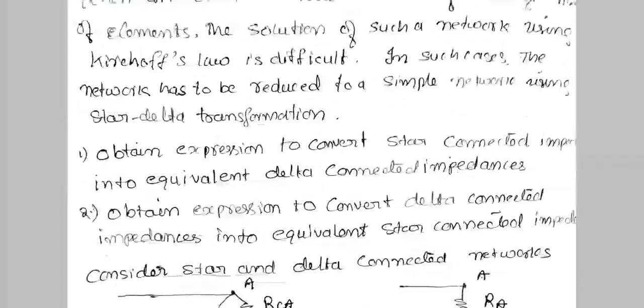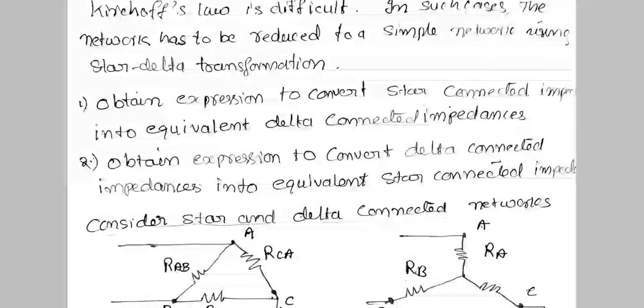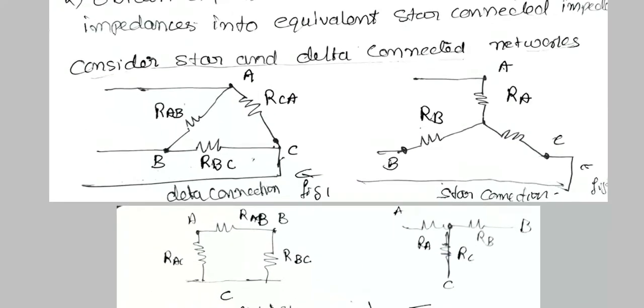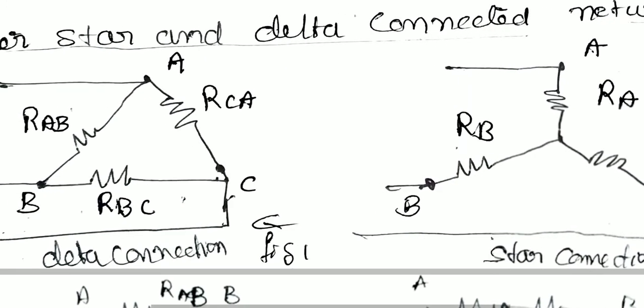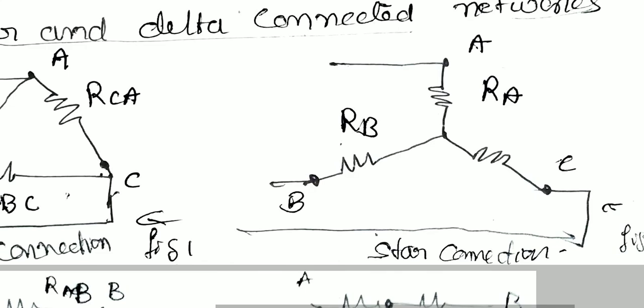Hope you understood. What we are doing here is converting a star network to delta, or delta network into star. In order to convert a star network into delta or delta to star, we have to use these formulas. Using this formula we can replace a delta network with a star network.